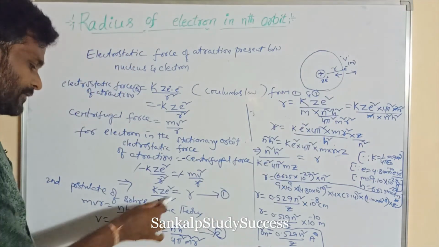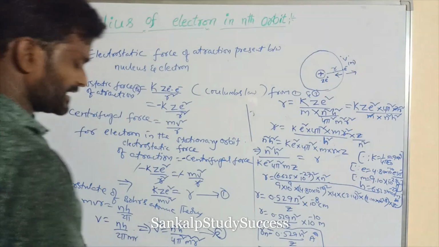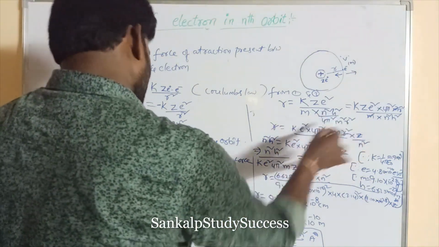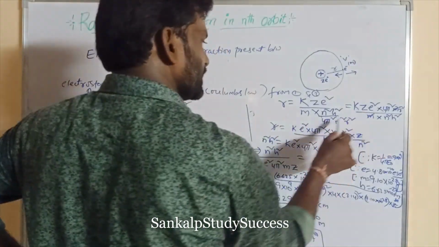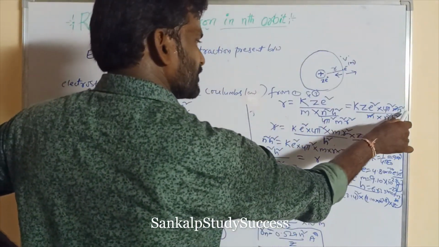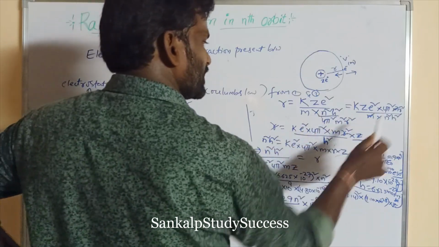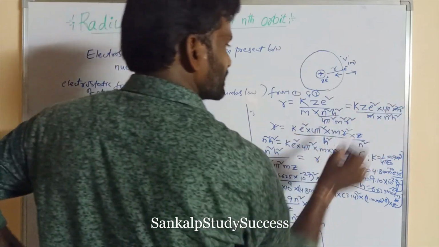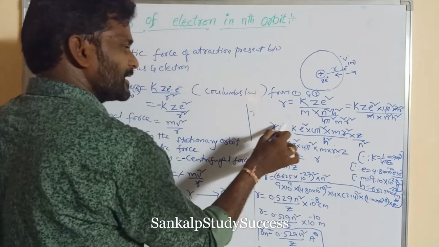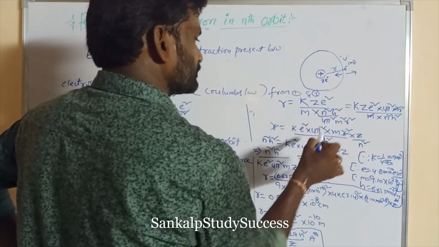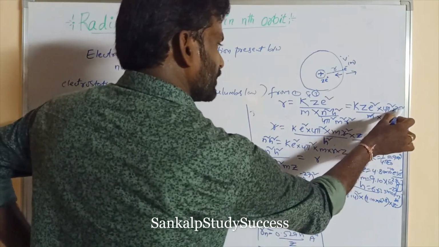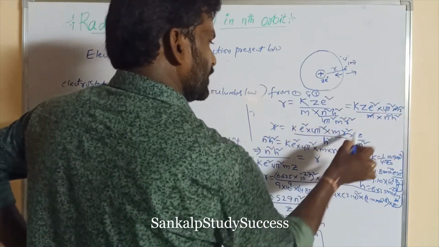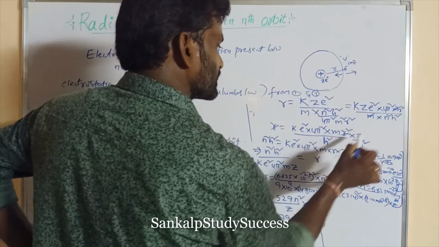What is the value of v square? v square is equal to n square h square by 4 pi square m square r square. Now this can be written as k into Z e square, 4 pi square m square r square, by m into n square h square. m cancels. So r is equal to k into e square 4 pi square m into r square by h square.